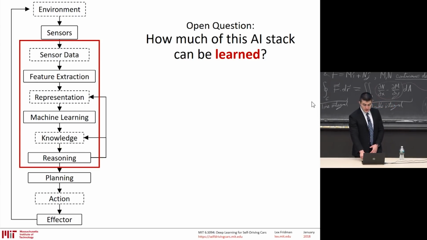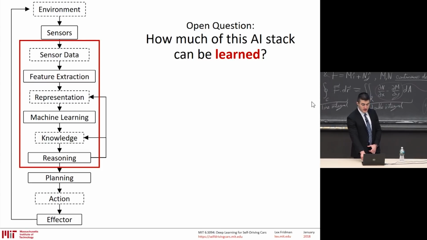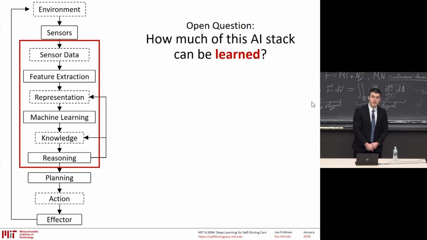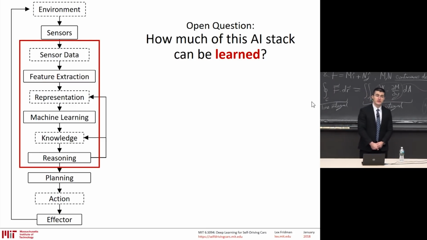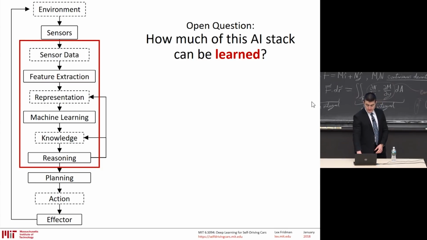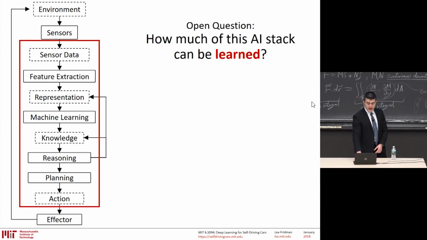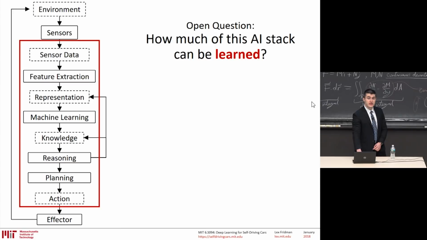The open question for us today and beyond is if we can expand the red box there of what can be learned end to end, from sensory data to reasoning, so aggregating, forming higher representations of the extracted knowledge, and forming plans and acting in this world from the raw sensory data.